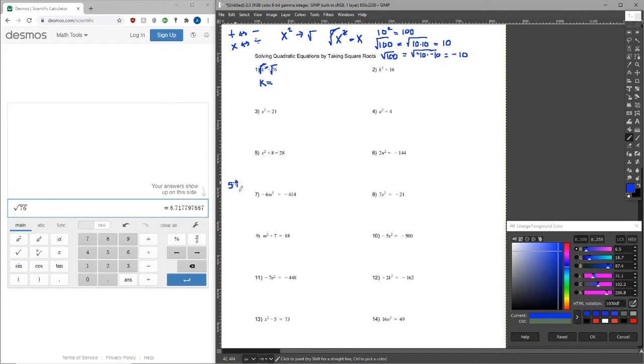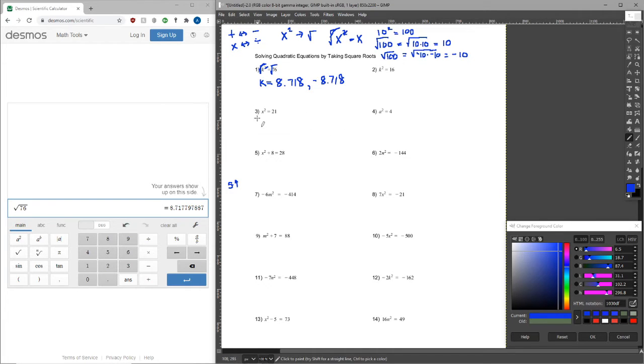So if that 4th place is 5 or bigger, it will cause that 3rd place to go up a number. So this is actually 8.718 is your answer here. But as we learned at the very beginning of the lecture, you always have to remember that it is the negative form of that number too. So negative 8.718 is your answer.